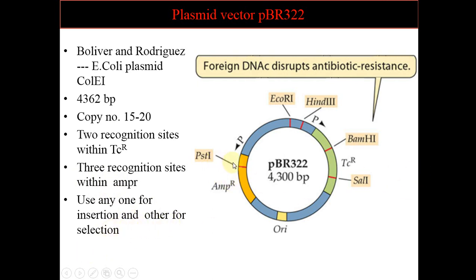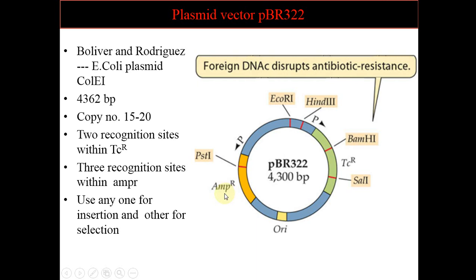That is, if you are using this PstI for cutting open this plasmid and attach your gene of interest here, the ampicillin resistance gene will not be functional. It will lose its function because you are attaching the gene of interest in between, so no protein is formed which will protect the cell against the antibiotic ampicillin.